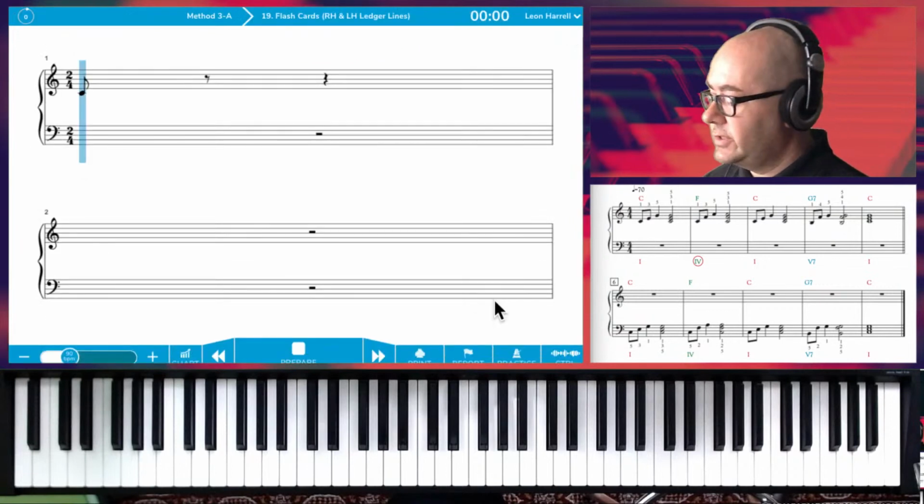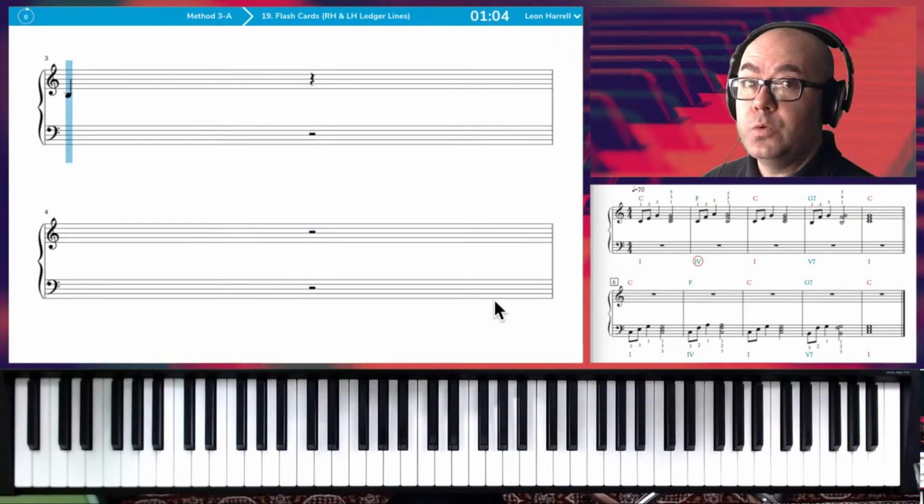All right, and the first note is just C, and I'll press that. All right, and then it moves to the next example.